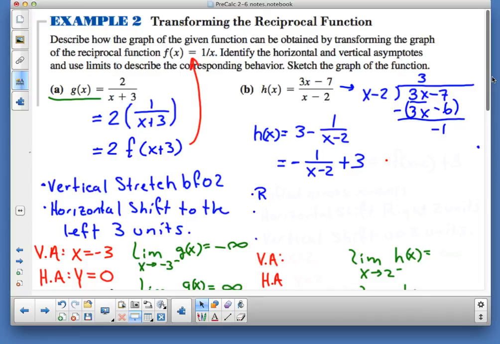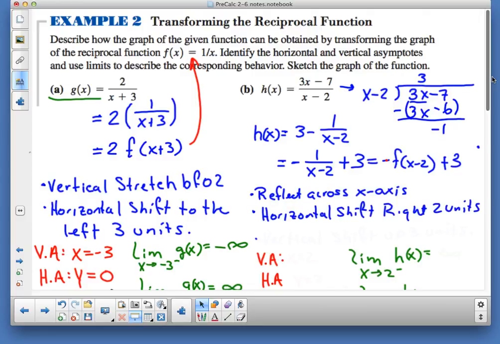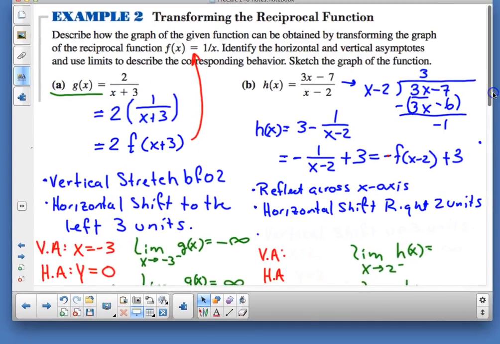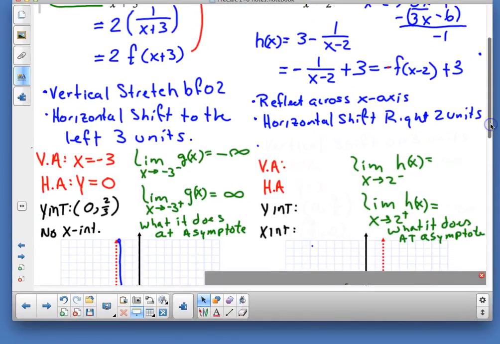So that's my horizontal asymptote. If I talk about this, I'm talking about our reflection, I'm talking about my horizontal shift. But I'm looking at my end behavior. It's going to have an HA of 3.